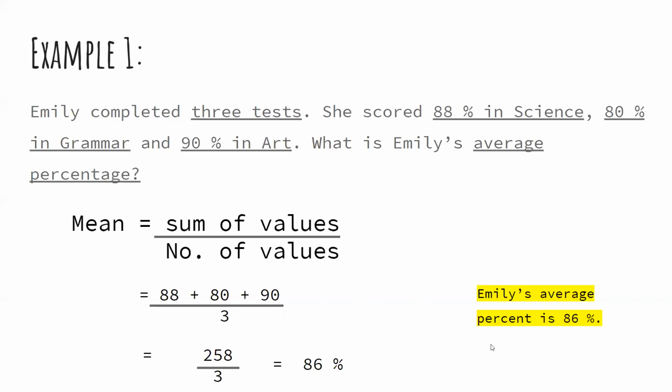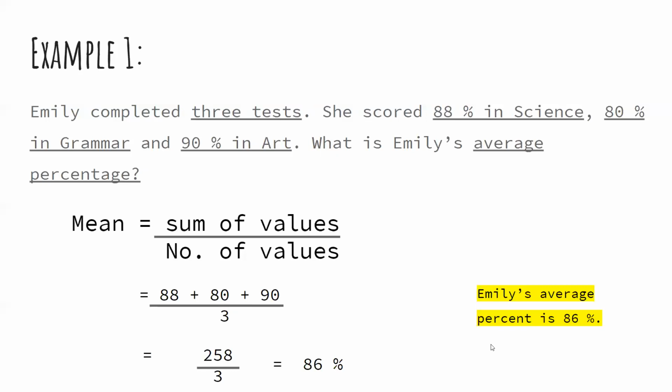When you add 88, 80, and 90, that's the sum. The answer you get is the sum of all the values. 3 numbers, 3 values. When we add them, we get the sum of those values. Look below here and you'll see that we added the 88, 80, and 90. And the sum that we got was 258.